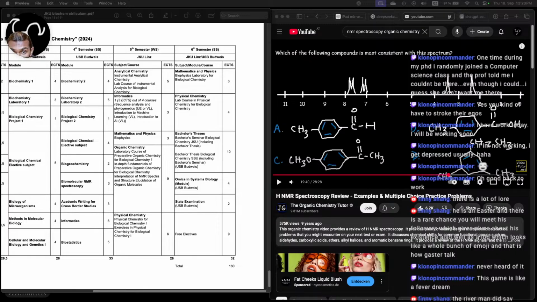I don't know if they would let me go in, but laboratory course for preparative. Okay, I can register for that. Makes sense. Okay, so I gotta pass some of the subjects. I get it. Now, in-depth fundamentals of preparative organic chemistry for biological chemistry. In-depth fundamental, can I apply? No.